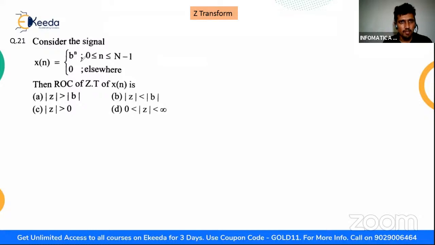So for finite duration, we can simply say that this will be b raised to the power 0, plus b raised to the power 1 del of n minus 1, plus b square del of n minus 2, like that.